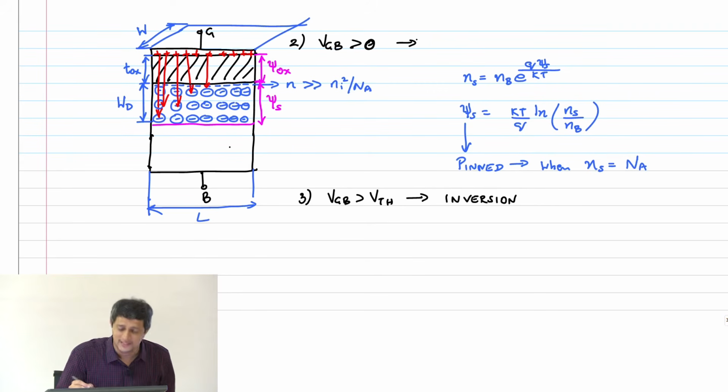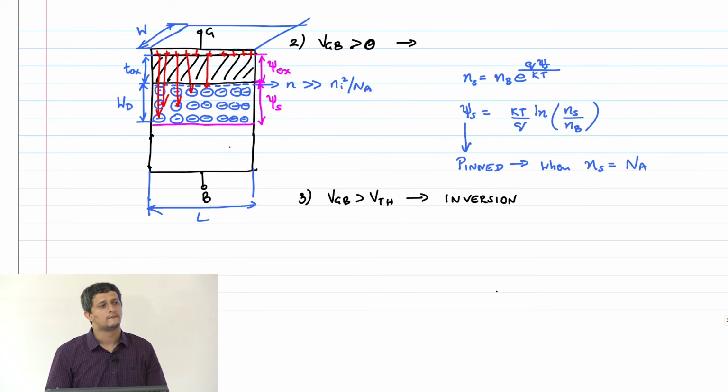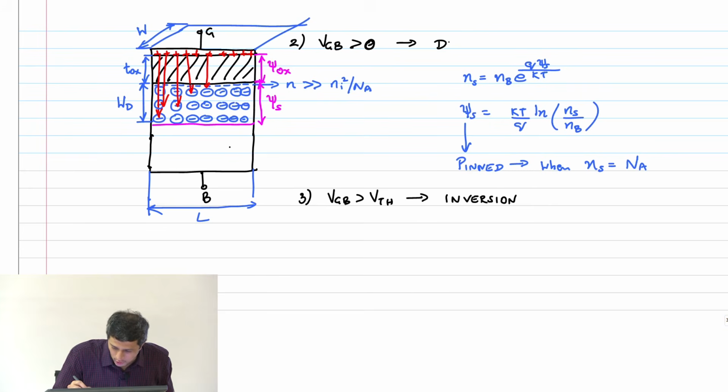When VGB is just greater than 0, it is in the region of depletion. It is just depleting the bulk so that it can develop that surface potential in order to invert the channel. So this region is called depletion.